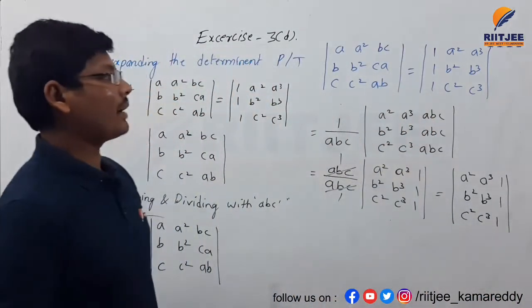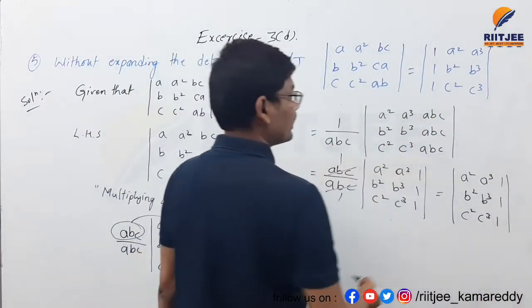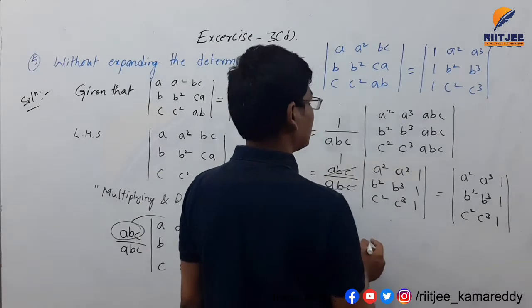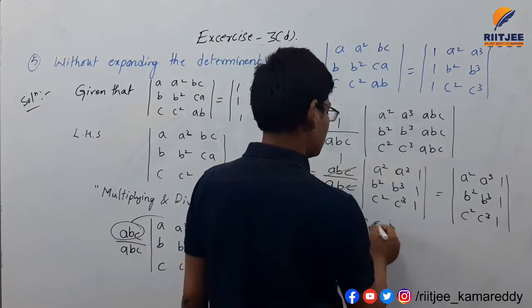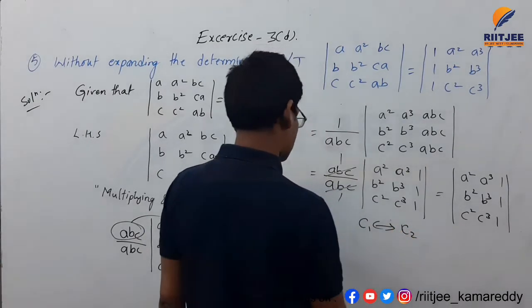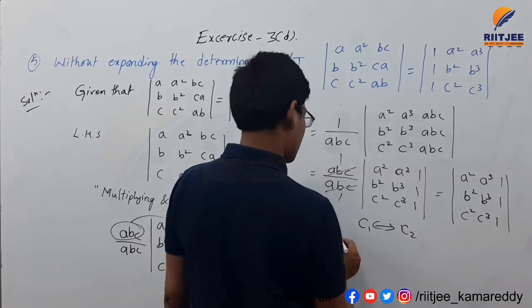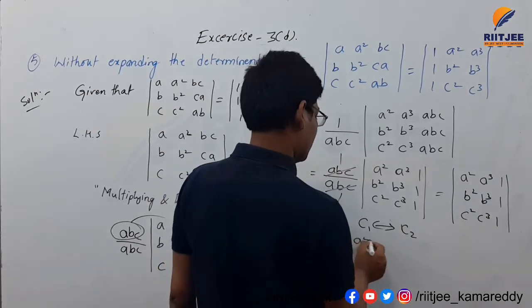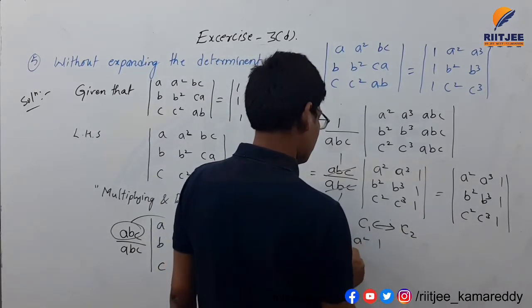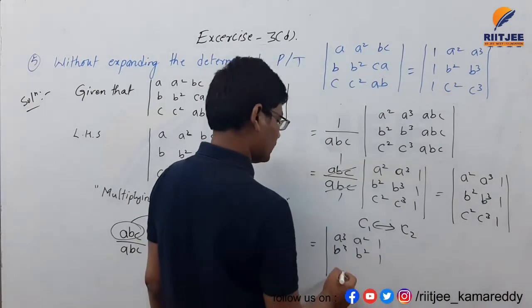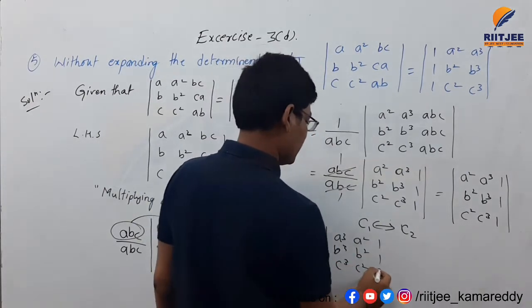See here, I am interchanging C1 and C2. Then what will happen here? A cube, A square, 1; B cube, B square, 1; C cube, C square, 1.